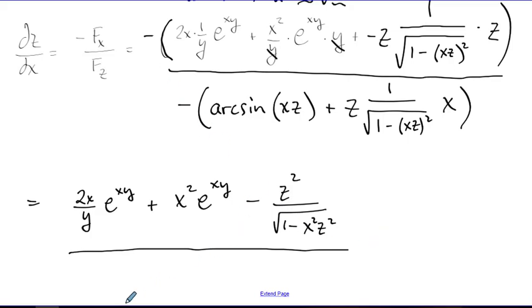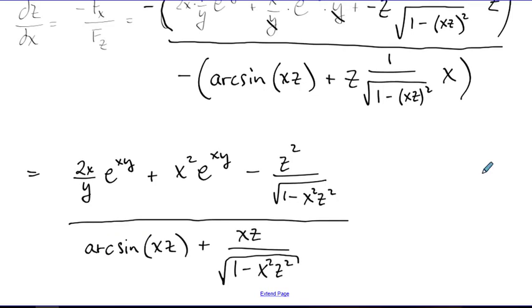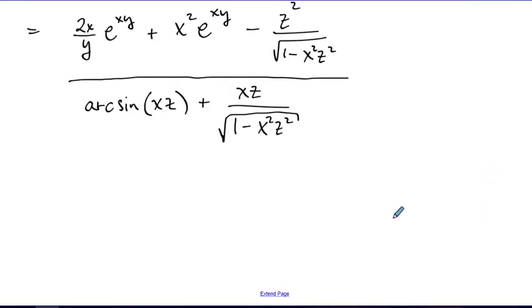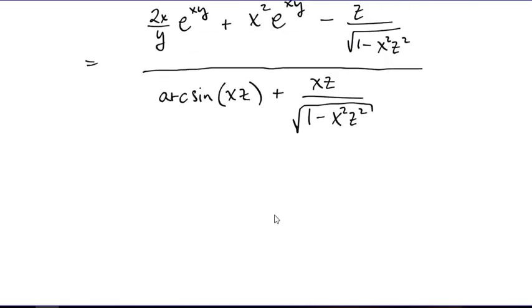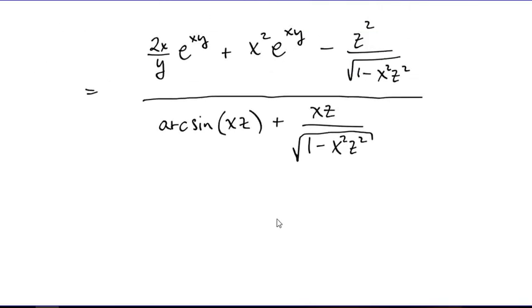The negative is gone. Okay, and checking with the work that I had done on the previous one to get that partial with respect to z, this looks okay. And once again, I have a fraction that contains fractions.